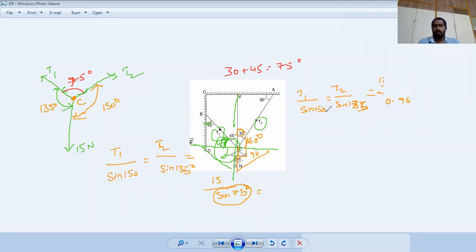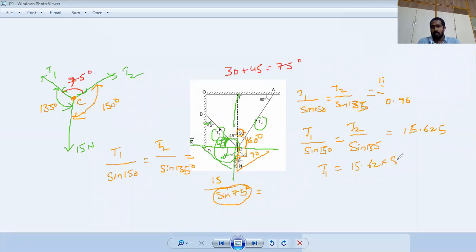Then tell me 15 by 0.96, which is equal to how much? 15.625. Okay, please equate.